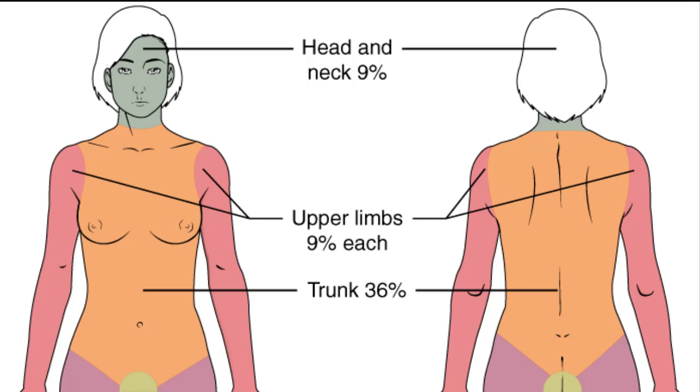And the second category, or the second degree burn, goes deeper and affects both the epidermis and a portion of the dermis. So these burns result in swelling and painful blistering of the skin, and it is important to keep the burn site clean and sterile to prevent infection. If this is done, the burn will heal within several weeks.